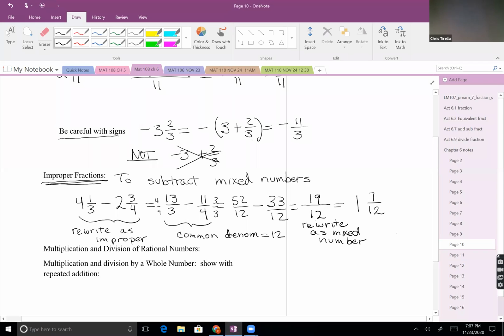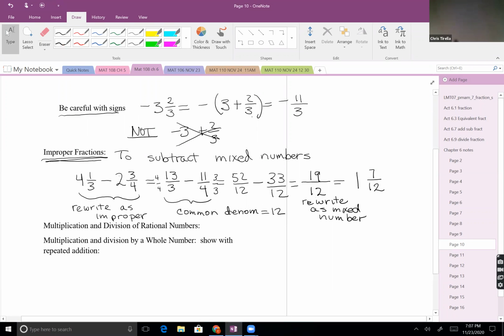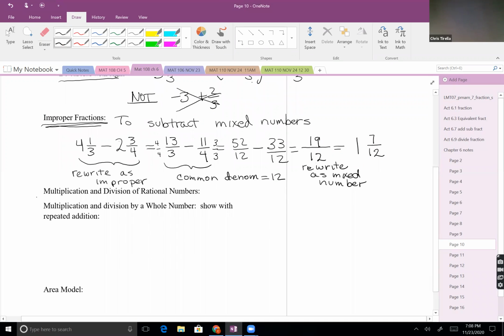and look at multiplication and division of rational numbers. And when I look at multiplying by a whole number, we can show that with repeated addition.